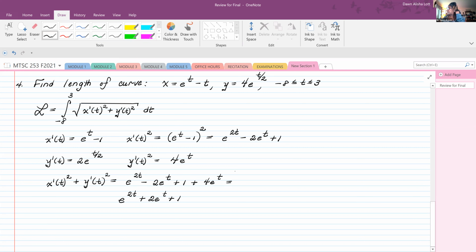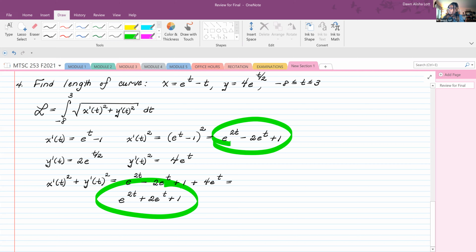Now you're supposed to recognize that that and that look the same. What's the difference? The minus 2 and the plus 2. Good.